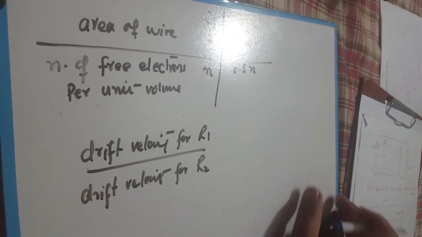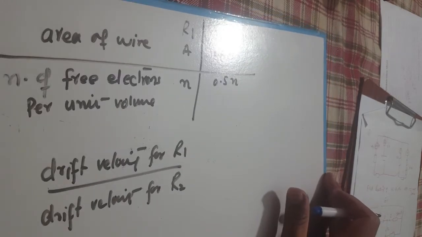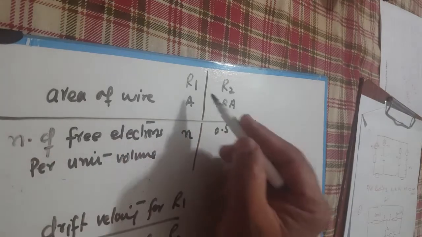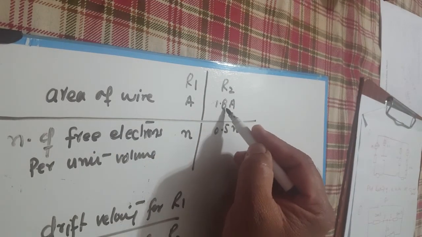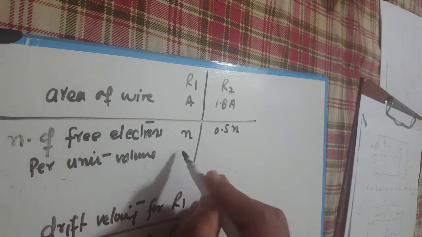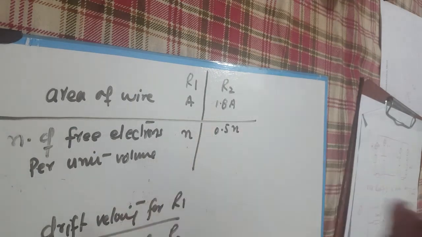Okay, so we are still in the same question. There was a 9-mark question and we have done its 3 parts as yet. Now it says that the area of wire for the resistor R1 is A and for R2 is 1.8 A. Then the number of free electrons per unit volume is N for R1 and 0.5 N for R2.